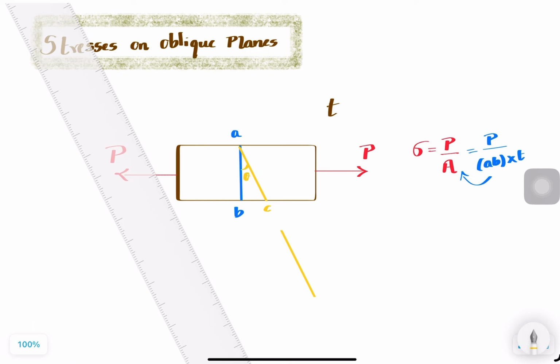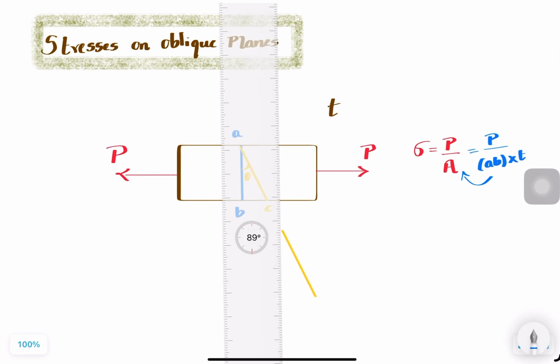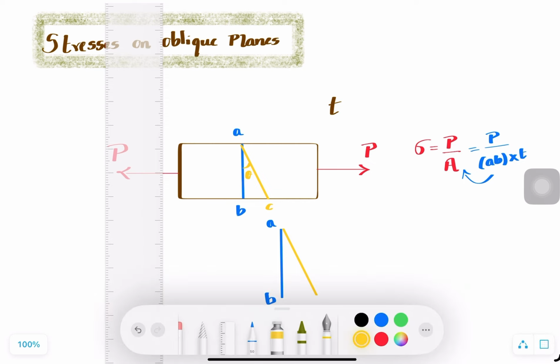Now, let me represent the blue line, the line AB, here. It's a simple concept actually. This is A, this is B, this is C.